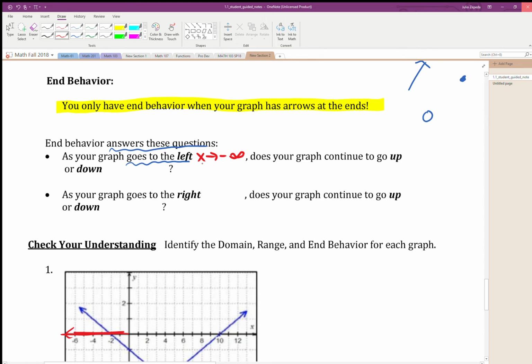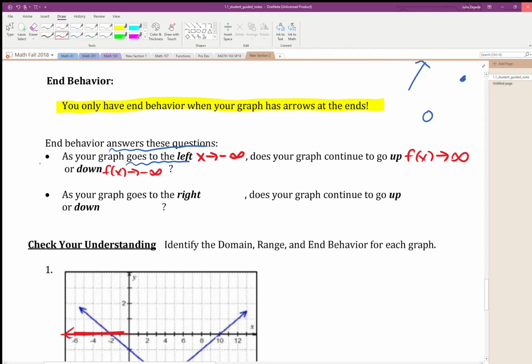When we look at going to the left, you're basically checking how is that graph ending. So you're looking at the arrow and asking, is it going to positive infinity or is it going down to negative infinity? If it goes up, it's going to positive infinity, so we would say that the function f of x goes to positive infinity, whereas if it's going down, we would say the function f of x is going to negative infinity.